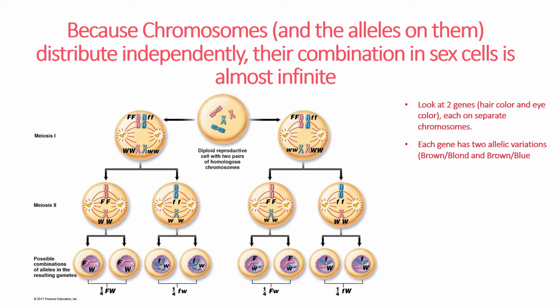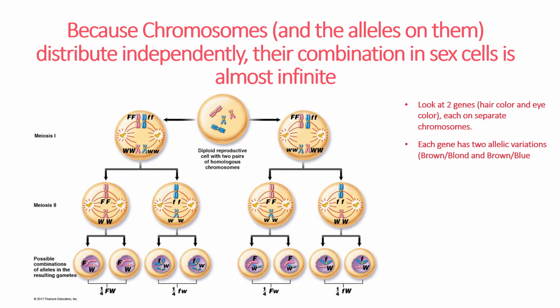We're going to look at the genes for hair color and eye color, for example, and we're going to assume that the gene for hair color is on the larger chromosome and the gene for eye color is on the smaller chromosome. We're going to also assume, for simplicity's sake, that each of these genes only has two different versions.